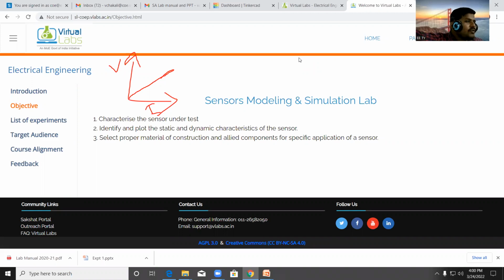Okay, so this will be in BEEE. What happens, or what is the effect, when the temperature increases? What is the effect on resistance? For any conductive material, what is the effect if temperature increases? What is the effect on a conductor?